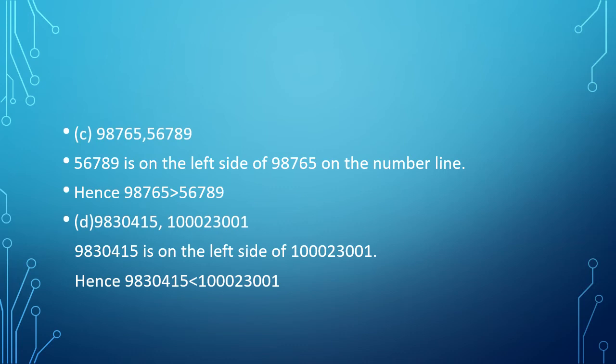Hence, 98,765 is greater than 56,789. 98 lakh 30,415, 10 crore 23,001. 98 lakh 30,415 is on the left side of 10 crore 23,001. Hence, 98 lakh 30,415 is less than 10 crore 23,001.